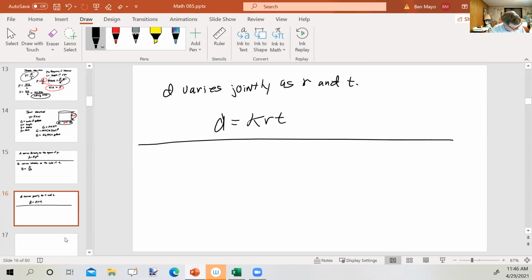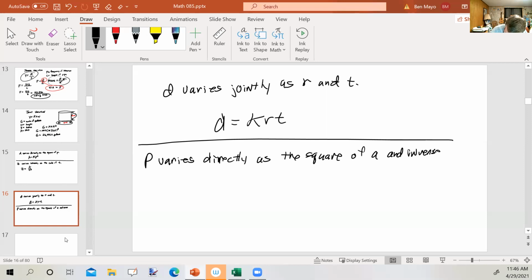And here we have p varies directly as the square of a and inversely as the cube of j.